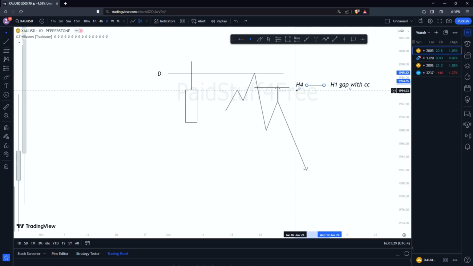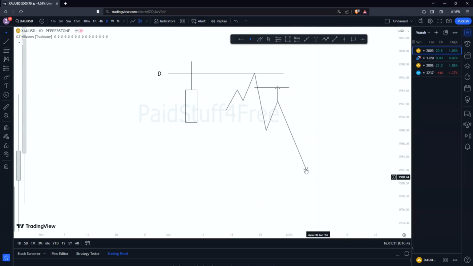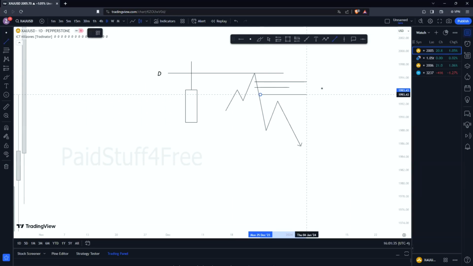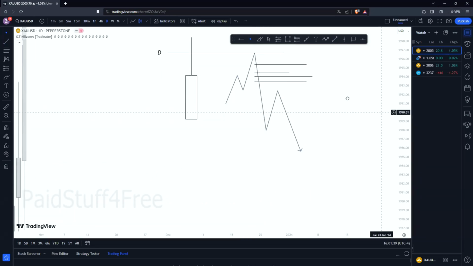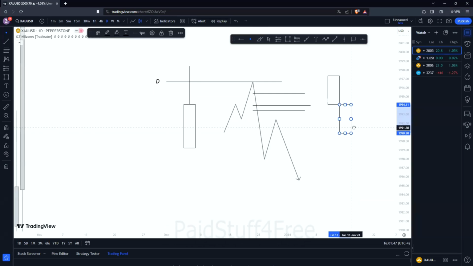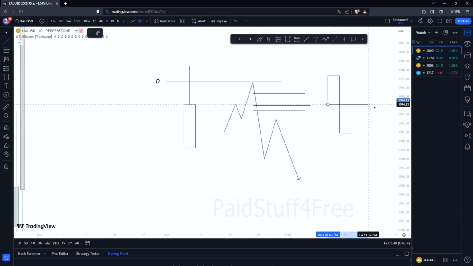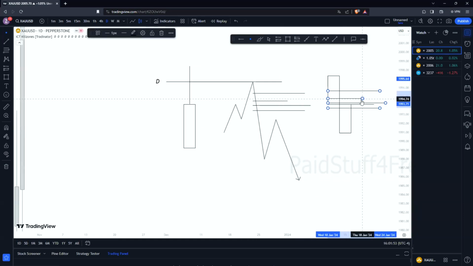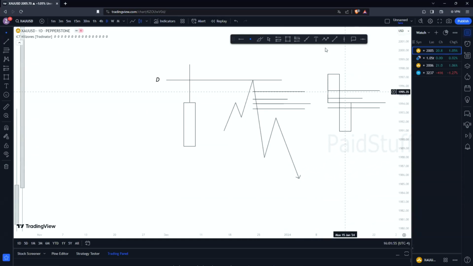That's the first way. The second way is to look if any of these H4 levels align with any of the daily fresh levels. So you have H4 levels, but then when you go to the daily chart, you might find something like this, right? You might have a level in here, and H4 levels in there.